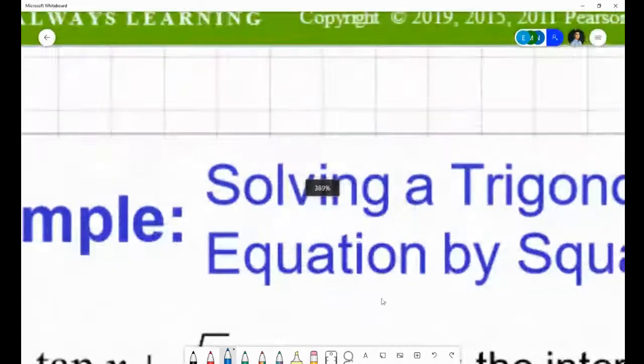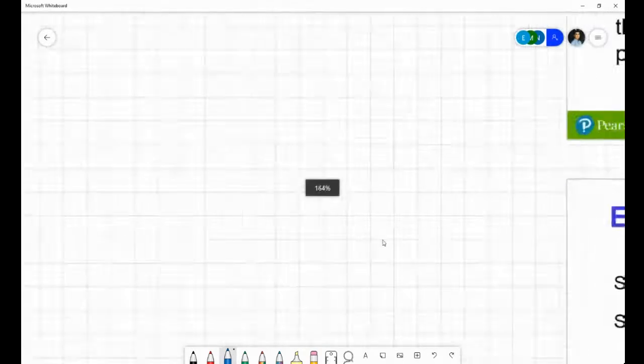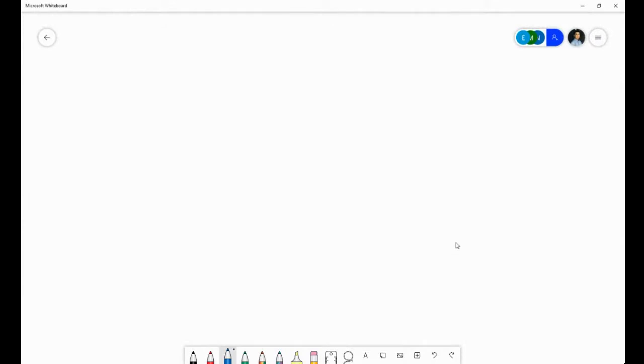Okay, a little hint about this before you start. Anytime you have multiple trig functions that you're trying to solve for, you need to be able to see the identity that you can use in order to solve this problem. So let me give you some guidelines on how to solve these equations.